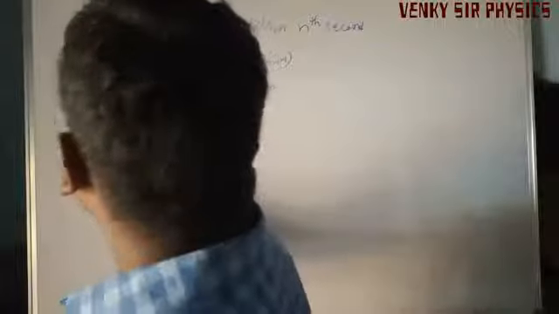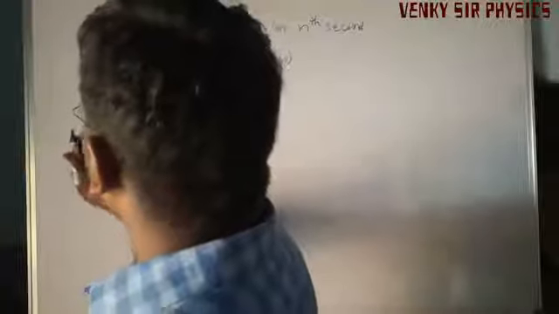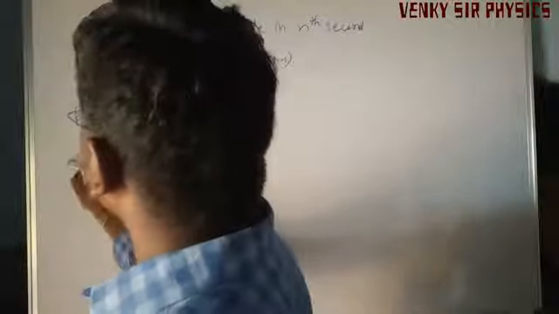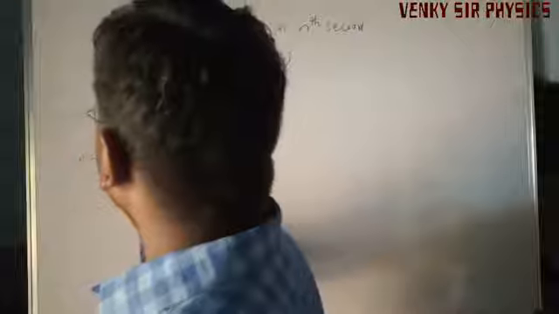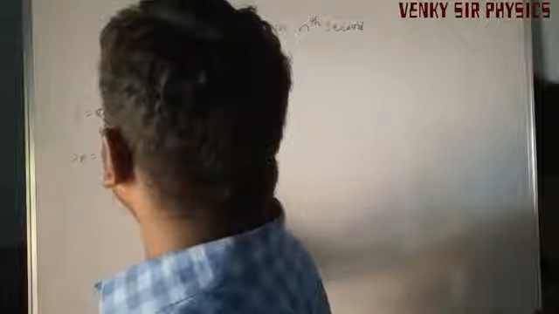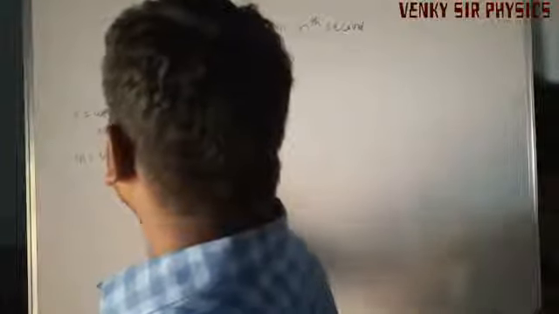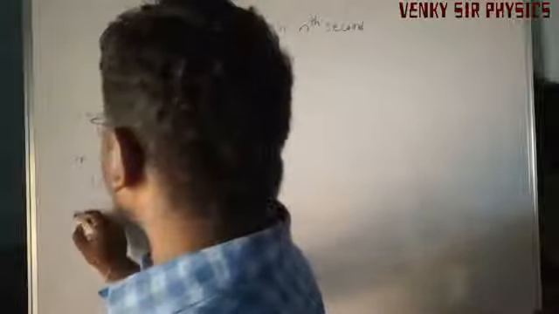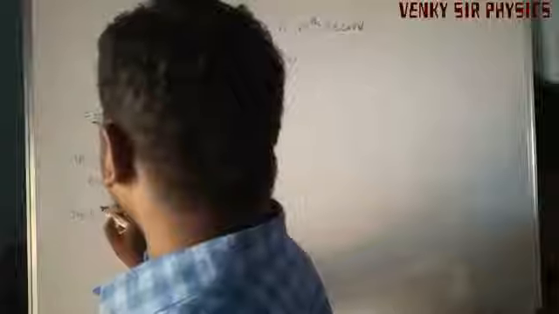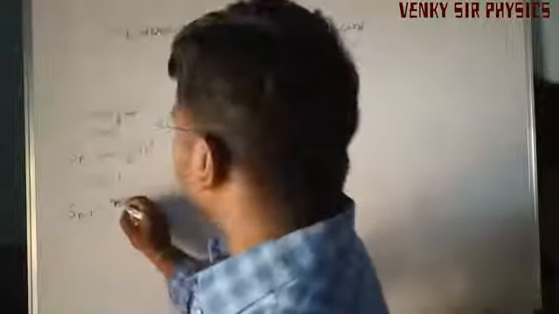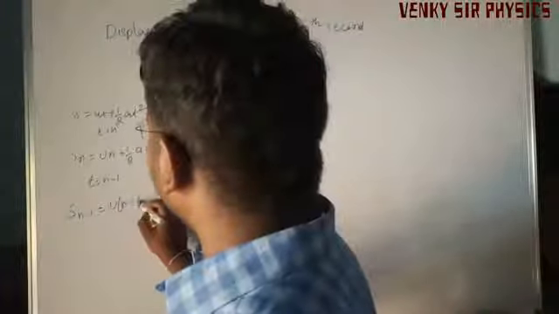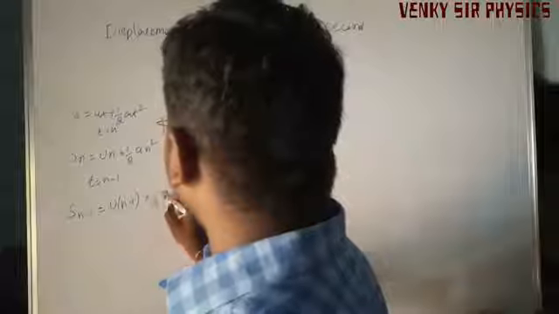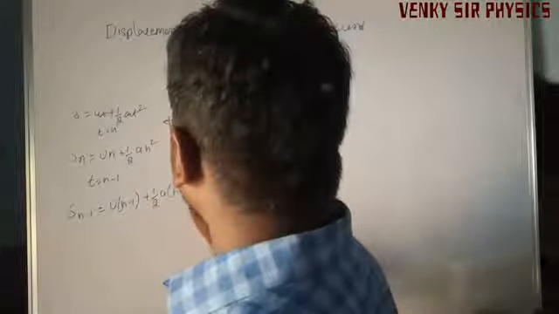So for t equal to n, we get sn is equal to un plus 1 by 2 an square. For t equal to n minus 1, sn minus 1 is equal to u into n minus 1 plus 1 by 2 a into n minus 1 whole square.